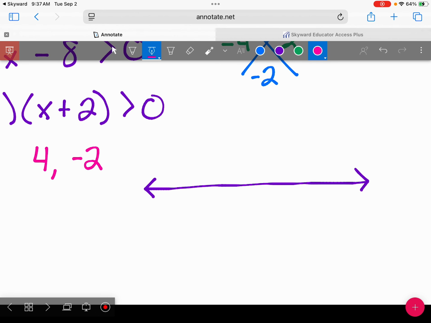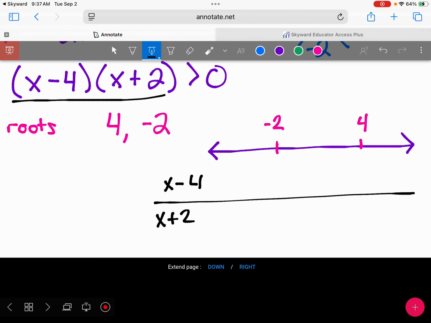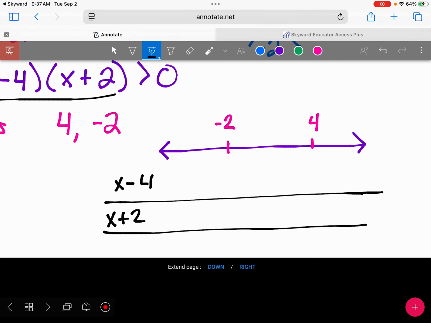Our positivity table is going to have our -2 and our +4. I'm going to write each of my factors. I'm going to have my x minus 4 on one line. I'm going to have my x plus 2 on another line. And then we're going to think about our function below as being the product of those two pieces. So this is our whole function.